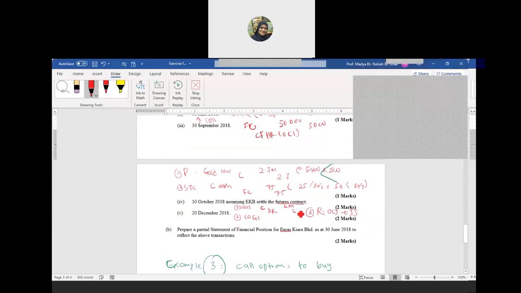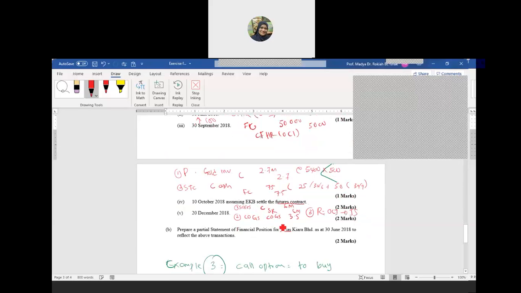And then the next one, COGS. COGS 3.5, and then credit your inventory.